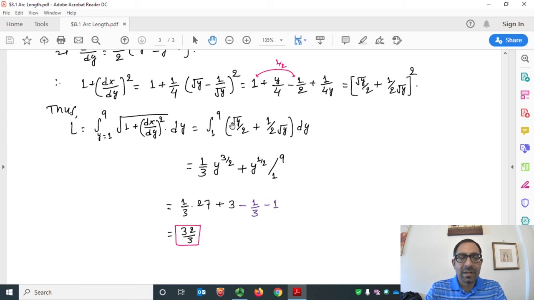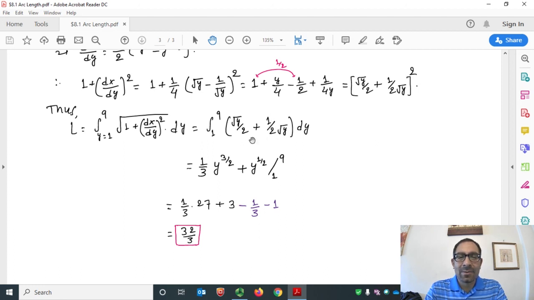So here 1/2 is outside, radical y means y power 1/2. So the integration of y power 1/2 becomes y power 1/2 plus 1, 3/2, and dividing by 3/2 is the same as multiplying by 2/3. So here that 2 and that 2 cancel, so only 1/3 y power 3/2. Plus, similarly, the integration of 1 over 2 times radical y.